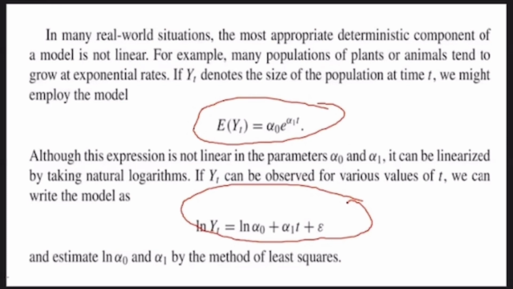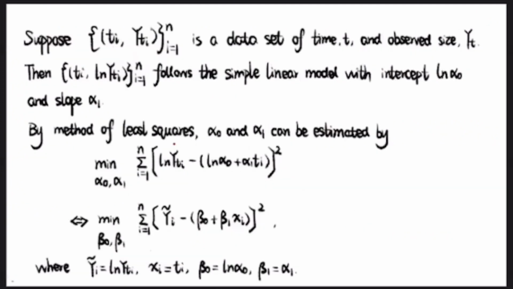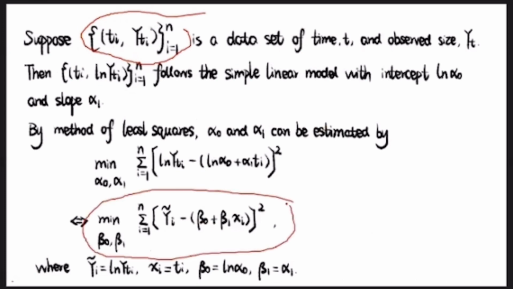Now, if you collect your data, you are collecting the population data at a particular time. We now want to use the method of least squares, the same way we did the other time when we were working on the linear model. We minimized the sum of squares.